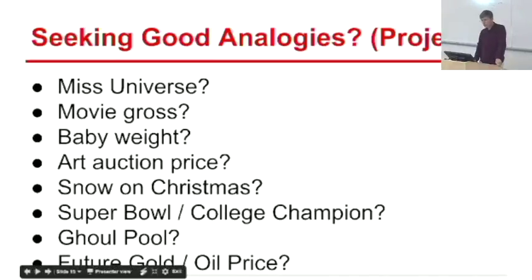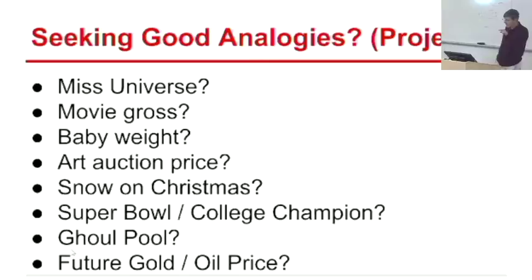Well, future gold or oil price, how would you try to figure it out? I think an analogy with times is probably it. Gold prices went up. They happen to have gone down very recently. The kind of thing you would want to look at is how to predict what gold's going to do.